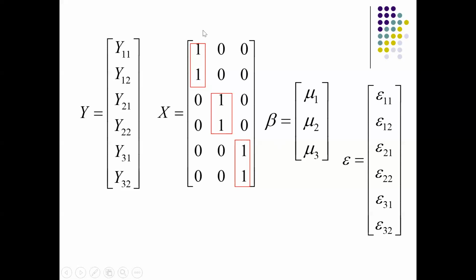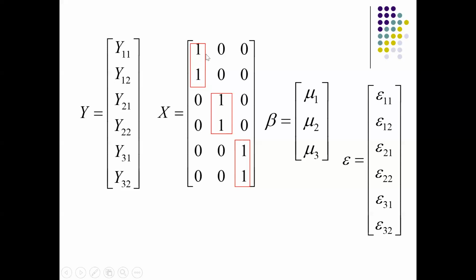Mu1, the cell mean for level 1 of the treatment variable. Mu2, the cell mean for treatment 2. And then mu3, the cell mean for treatment 3. So for this design matrix, we're creating 0, 1 indicators indicating what column corresponds to each of the 6 patients, right?